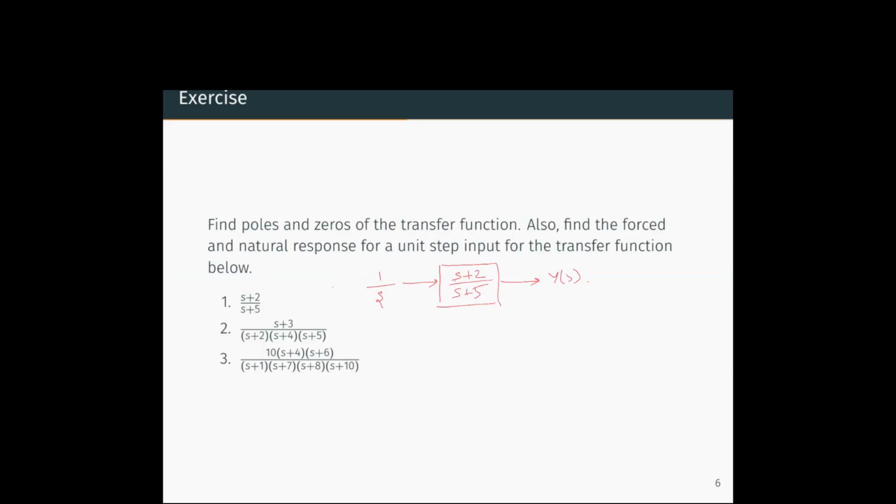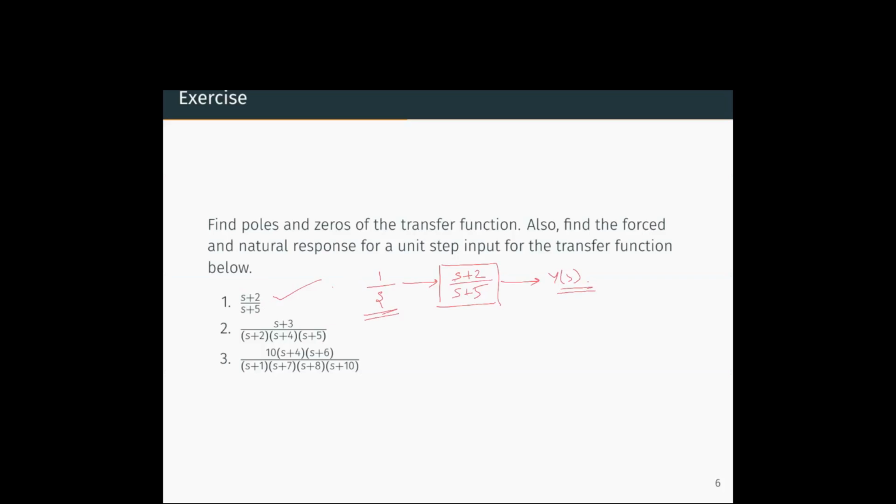Now suppose you are applying a unit step input to this system, s plus 2 by s plus 5, and you are getting some output. We will identify what is the forced and what is the natural response of the system.